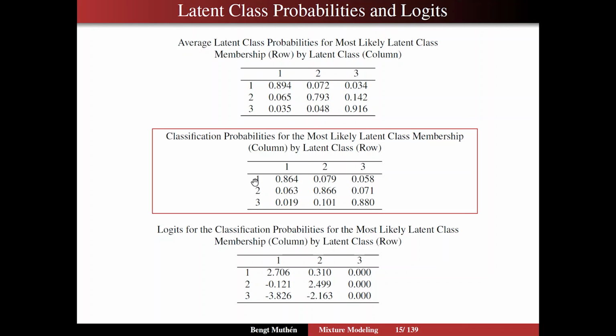So for instance, for people who are truly members of class 1, they have a probability of 0.864 to get a designation of most likely class of 1, that is the correct designation. But they also have a chance, lower probabilities, for being misclassified into most likely class 2, most likely class 3, whereas the true status was 1.